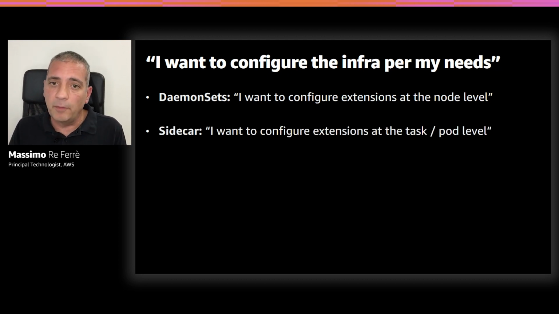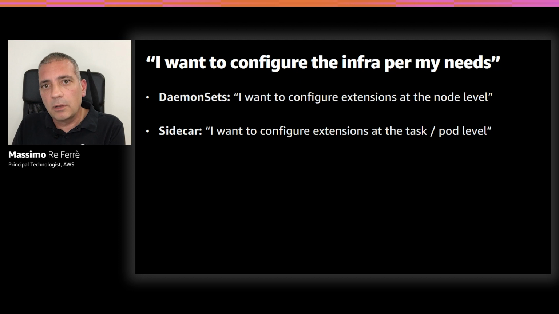There is an alternative approach to this called the sidecar pattern, where you want to move that logic and that infrastructure extension closer to the pod or the task. What I described before with the daemon set is that all of your cluster will behave the same way. However, you may need to change this behavior on a pod or a task basis. You may want a pod to log to CloudWatch and another pod to log to Elasticsearch, for example, or you may have different logging patterns.